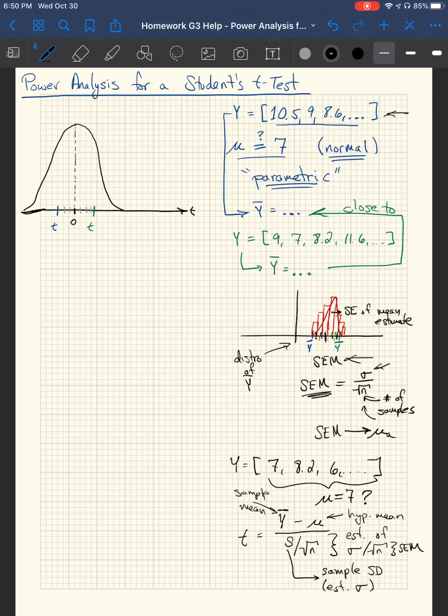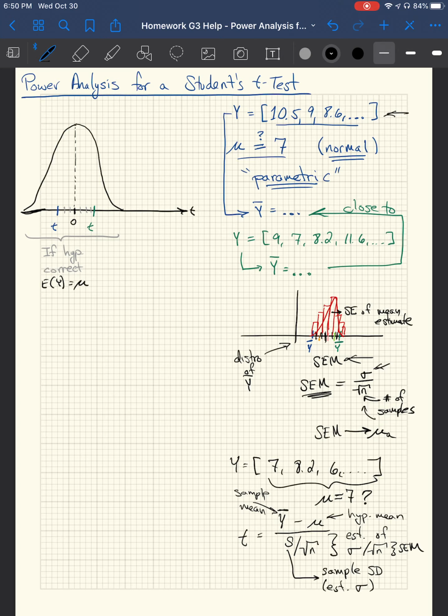And so this down here represents if the hypothesis is correct. In other words, if the expectation of y is truly equal to mu, then we would expect our t values to all come into this distribution.